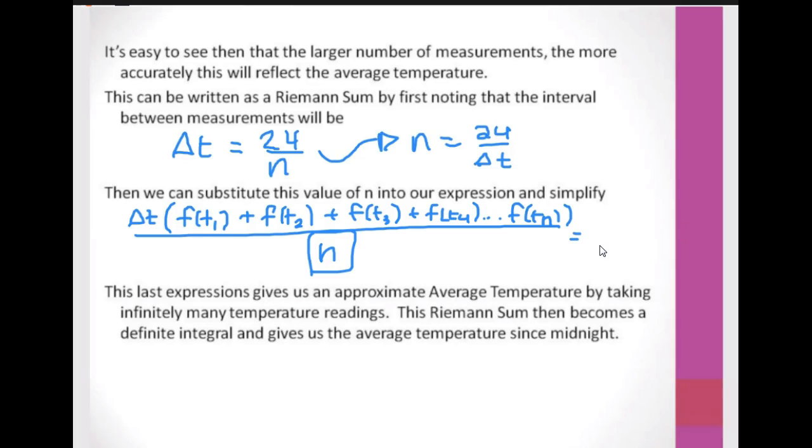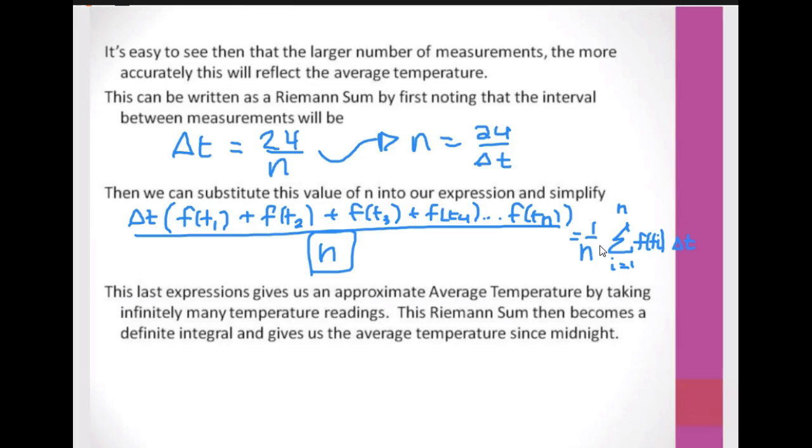So that would be like 1 over n, and then the summation of all these values, starting with i equals 1, going up through n, of f of t sub i times delta t. So it's 1 over the number times f of t sub i times delta t.